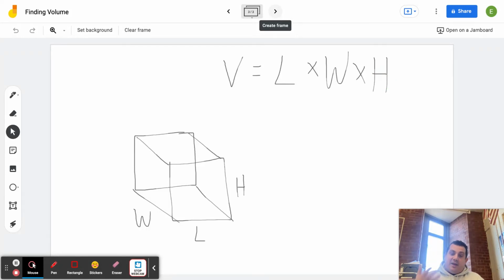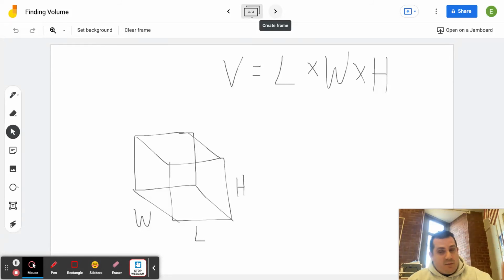Those of you that had me in third grade, this is a skill that we started back in third grade. I always try to come up with fun ways to remember volume or any kind of formula. So I always said, for volume, just think of Larry with Harry.